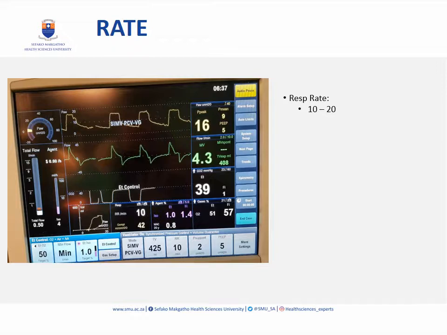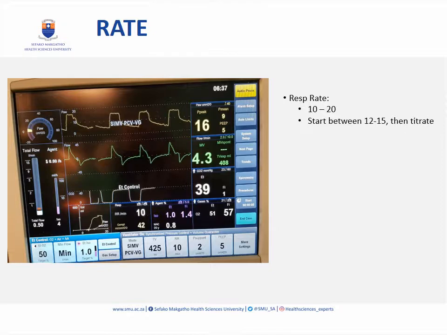I would suggest that you start off with a rate setting of about 12 to 15, and then you see how your patient does, and if you can measure the end tidal CO2, you see how it responds to your respiratory rate. If you want the end tidal CO2 to decrease, then increase your respiratory rate, and if you want to increase the CO2, then decrease your respiratory rate.